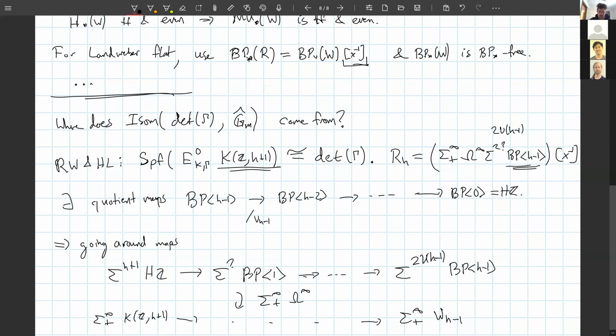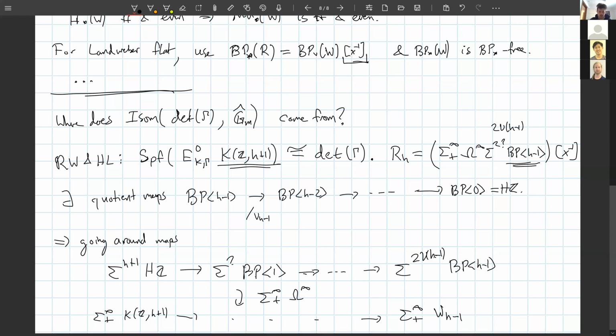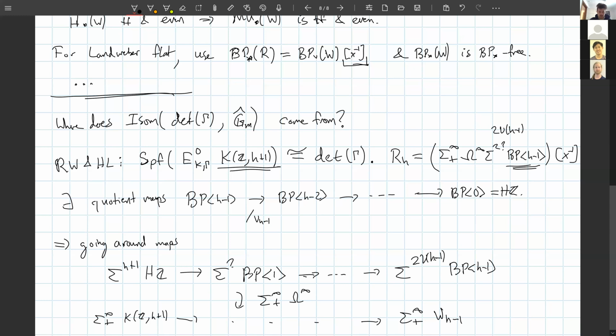And so this gives us some foothold that allows us to relate det gamma to W_{H-1}.